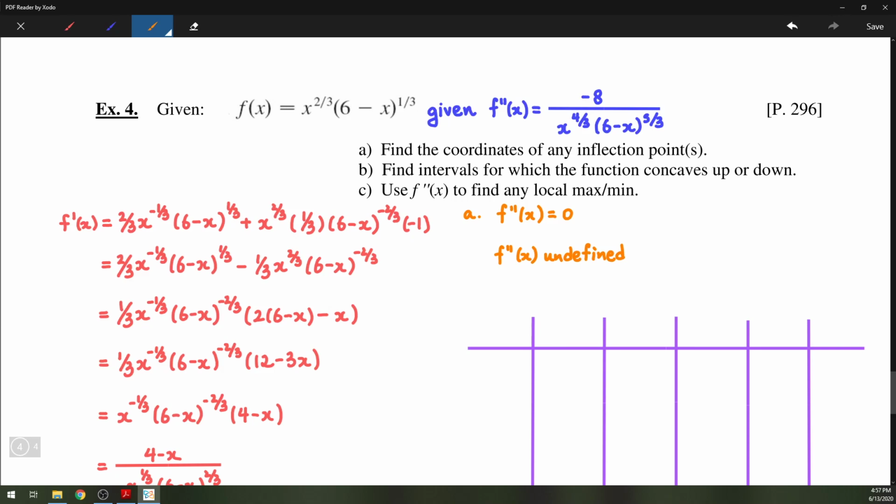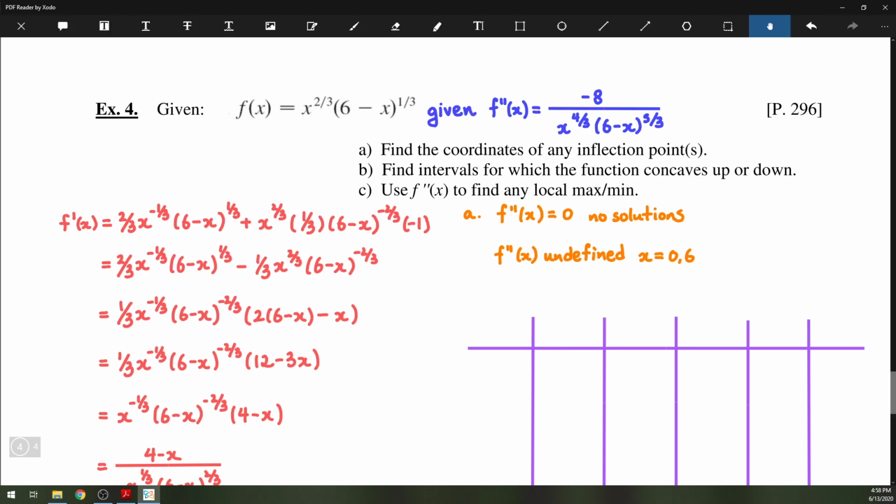Now, given our second derivative, the expression is never equal to 0, so this will provide us with no solutions. However, as we can see, if x is equal to 0 or if x is equal to 6, the second derivative becomes undefined. So we have 0 and 6 here.